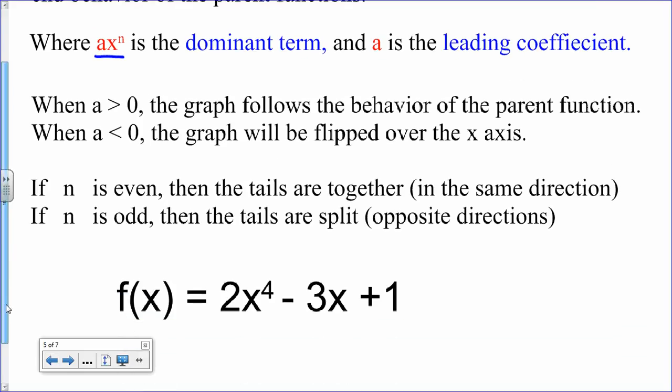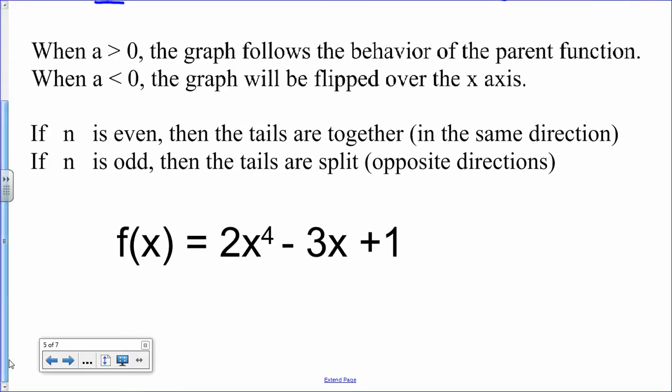I'm going to describe the end behavior. So two things I look at. I look at a and n. So I look at the leading coefficient and the degree.